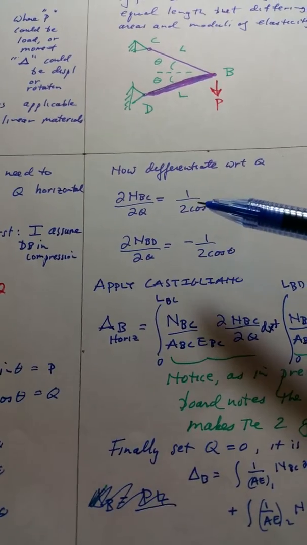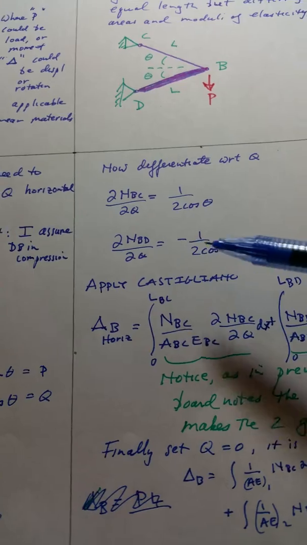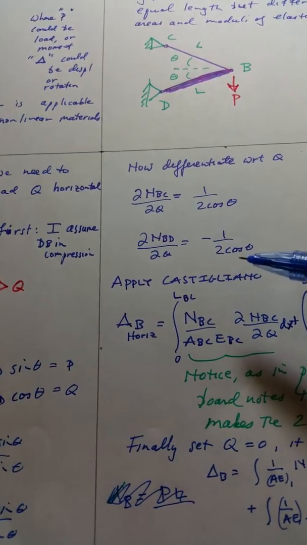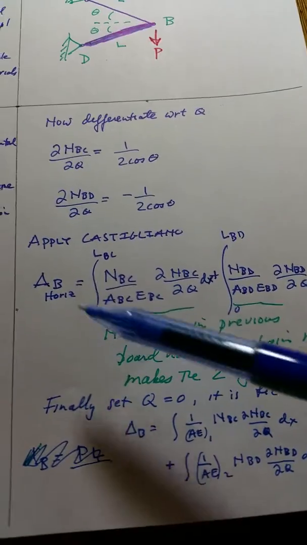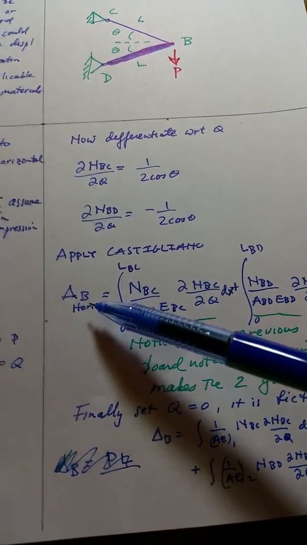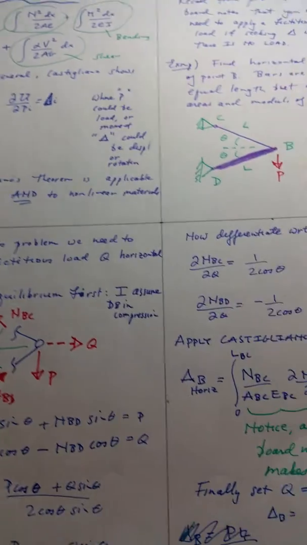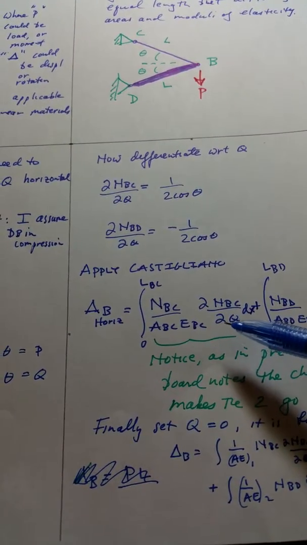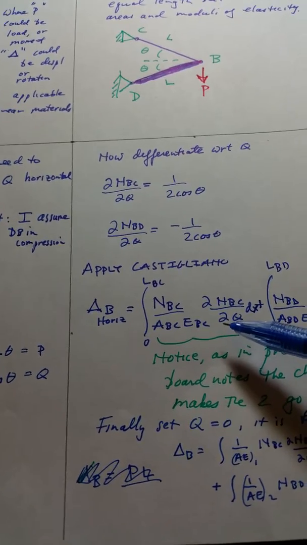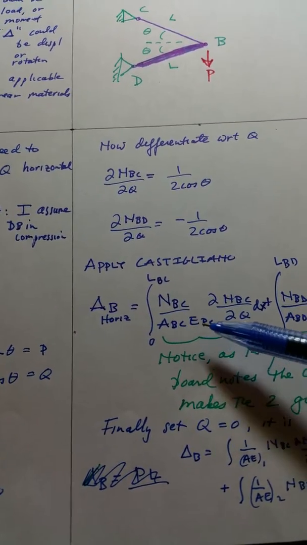So the differentials are very quick. Here they are: 1 over 2 cos theta, and 1 over 2 cos theta with a minus sign. Now what I'm looking for is the delta horizontal, and it's the partial, but remember I'm bringing the partial in the derivative, and the same as before, the 2's disappear.